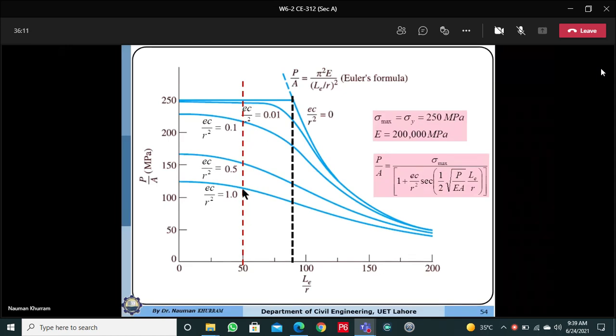And for the same column, same slenderness ratio, if eccentricity increases further, the column will yield at a stress value of maybe around 110 megapascal. So with the increase of eccentricity, the load carrying capacity, or the applied stress value at which yielding will occur, reduces.